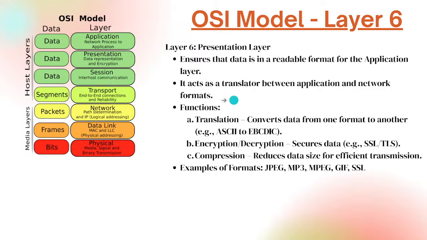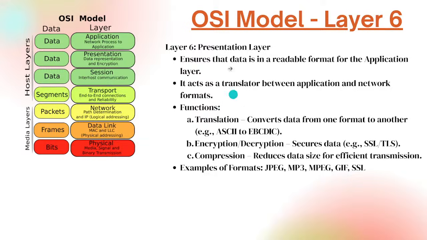And the network format. Whatever encryption and decryption processes happen for translation are done by the presentation layer. Whatever information I am getting will be encrypted or decrypted in this presentation layer. Then it moves to the next, the session layer, right?